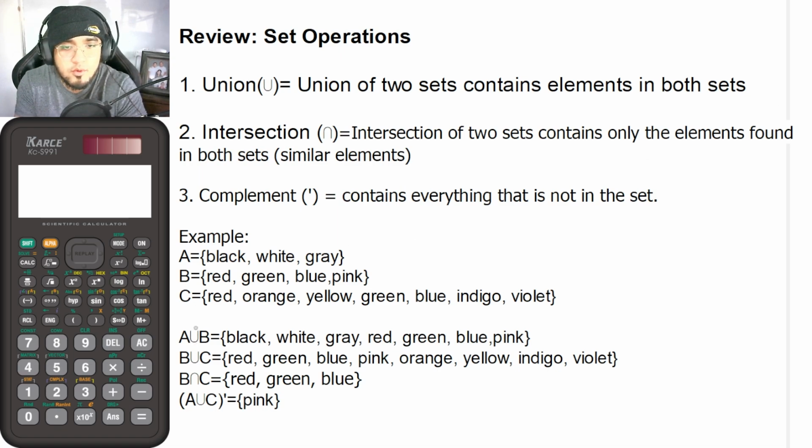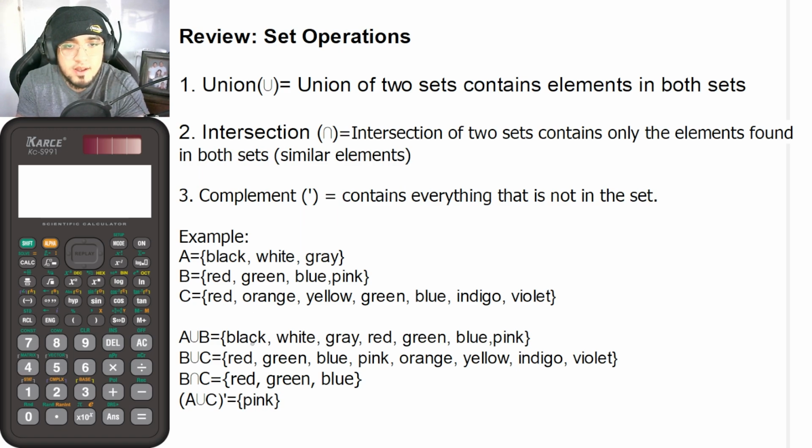Let us have another example. What if we are to get the union between B and C? That means we will list everything found inside sets B and C. But take note that since red is found in both sets B and C, we will only write it once, because they are actually similar elements.